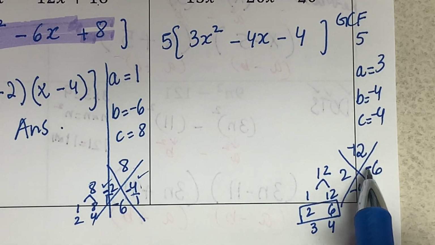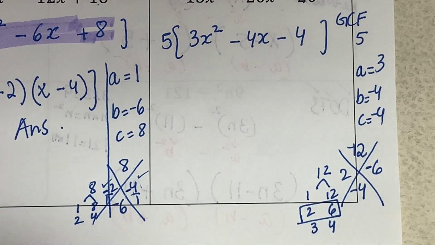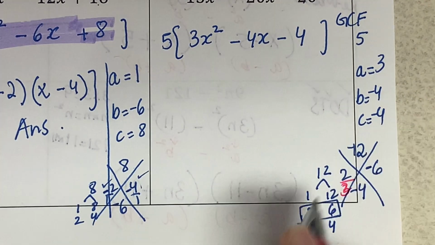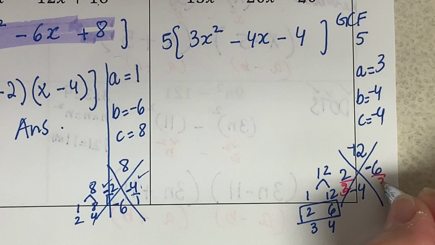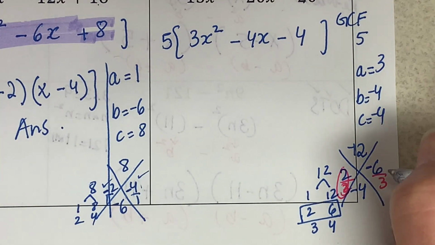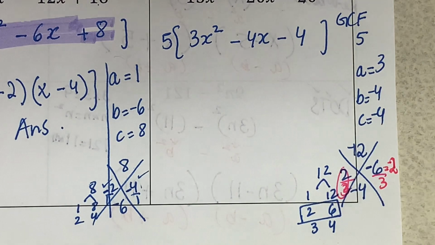So this is my pair. I'm using the swing and divide method. So I would have to divide this by a value, which is 3. 2/3 is the simplest form, so I'm going to take this as I have, and -6 over 3 is -2. I'm going to take that number.